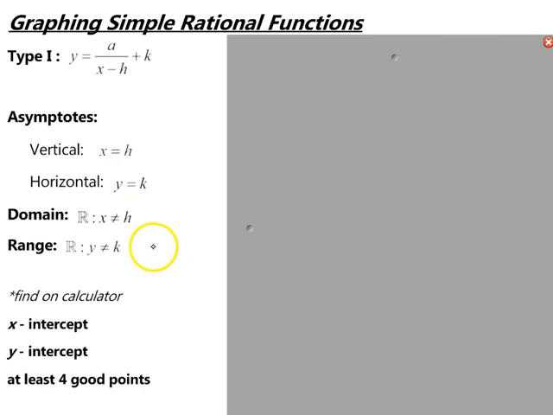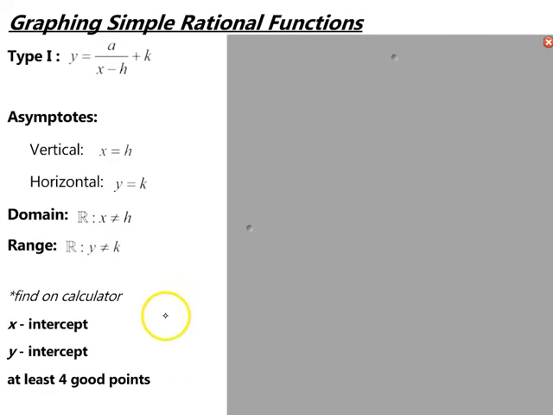Now for the domain and range, these follow just like in the parent graph. They'll both be all real numbers where the variable does not equal the value of the asymptote. So for the domain, it's all real numbers where x does not equal the value of h. And for the range, it's all real numbers where y does not equal the value of k.